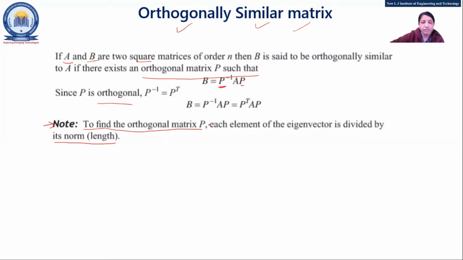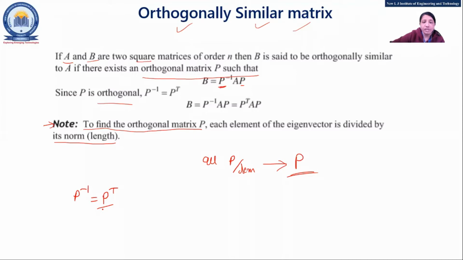That means whatever matrix you have, for the eigenvector you need to calculate the length of that, and divide all elements of P by the length. And then whatever matrix you have, this is called the P matrix. Now, whenever there is an orthogonal matrix, the inverse of the orthogonal matrix is always the transpose of that matrix. So you can find this PT.